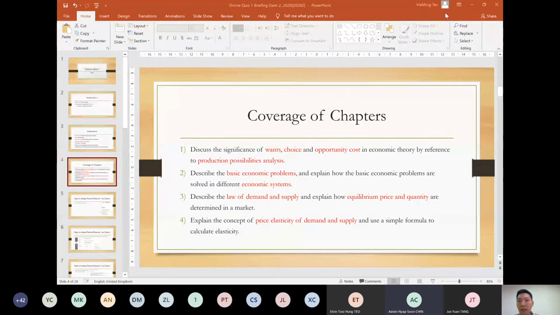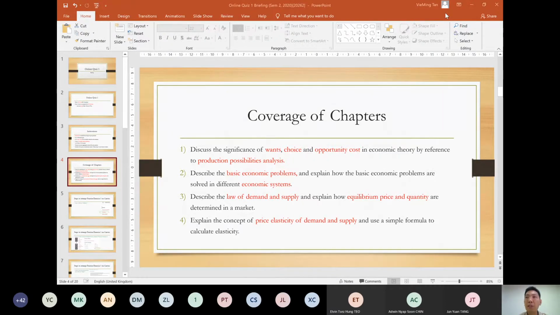Choices. Yes, correct. Due to scarcity, human need to make choices, right? On what to produce, how to produce, and to whom to produce. All right. So when people make choices, then what is going to happen? These involve opportunity cost.